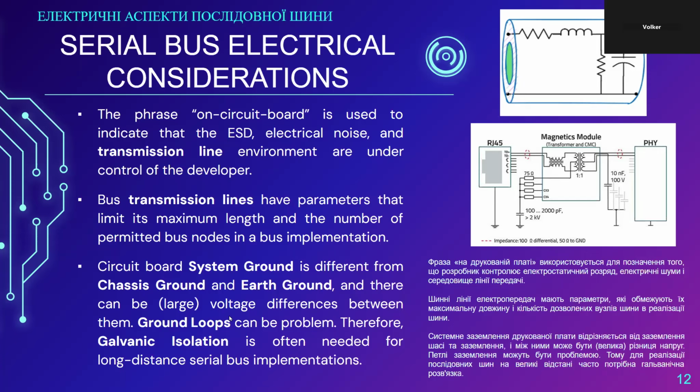If you wanted to, you can connect earth ground directly to your system ground. It's not often done, but you could do that. But there's also a possibility that there are large voltage differences, especially if you're connecting a serial bus to a different device that is a long distance away.